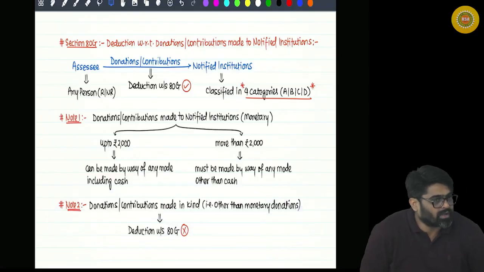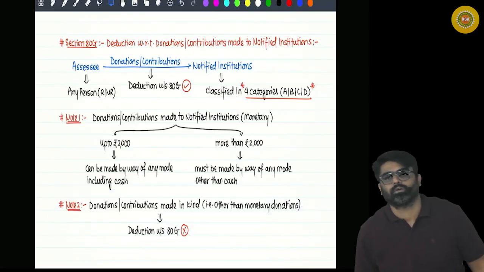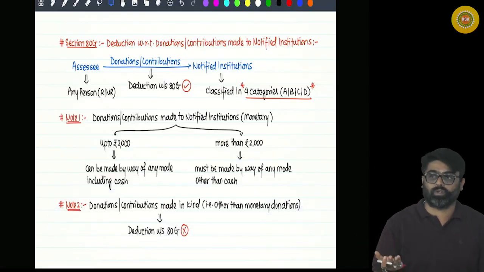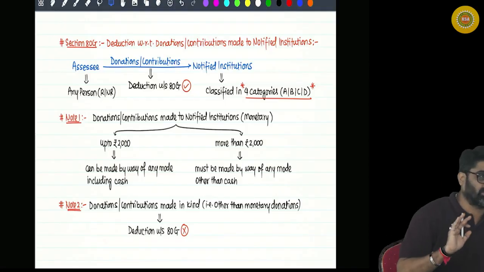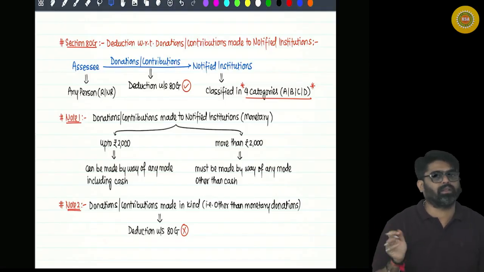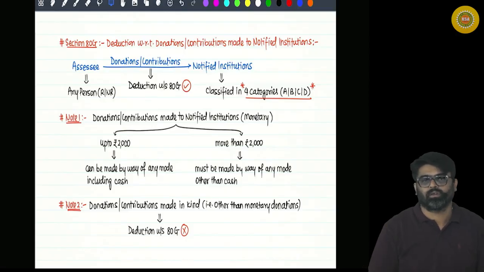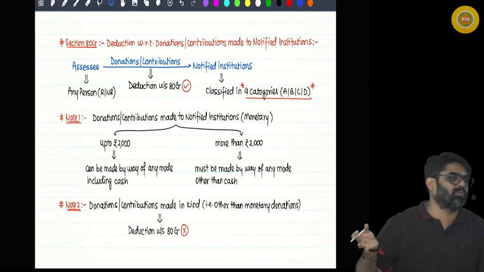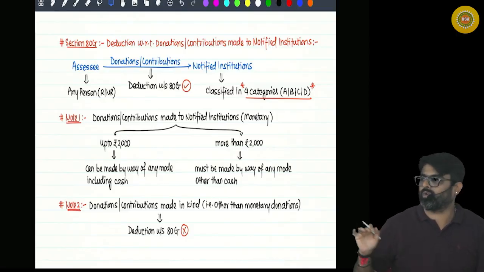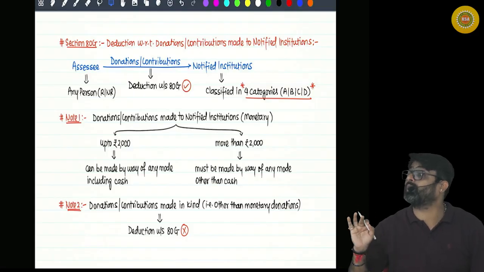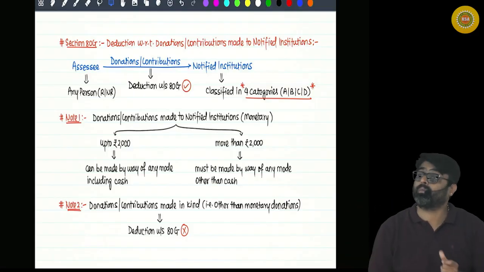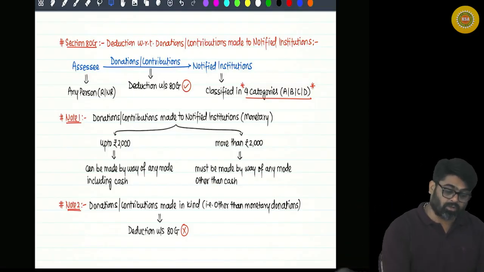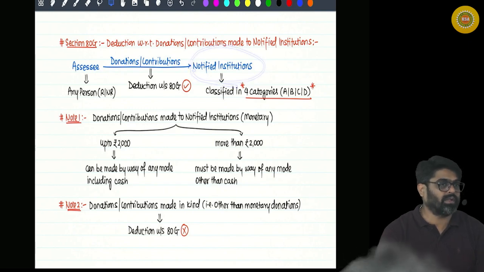So only the donations which are monetary donations will be allowed as a deduction. Give money. Don't give anything else. We don't want you to give umbrellas. We don't want you to give books. We don't want you to give clothes. We want you to give money. And that money also you are supposed to give to a notified institution.